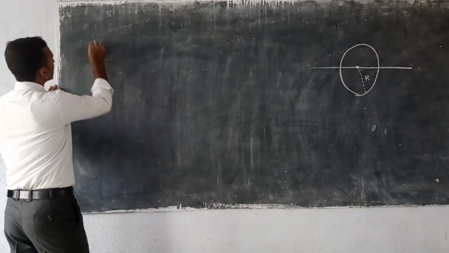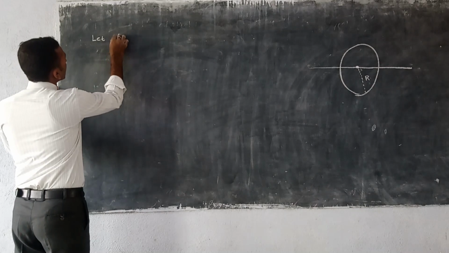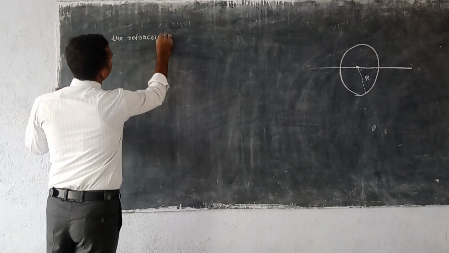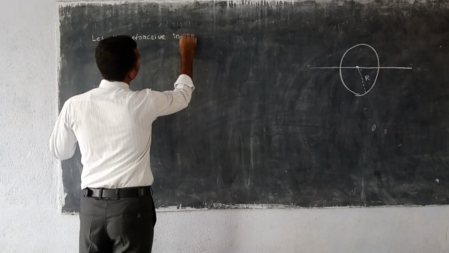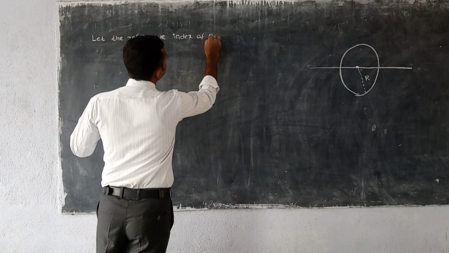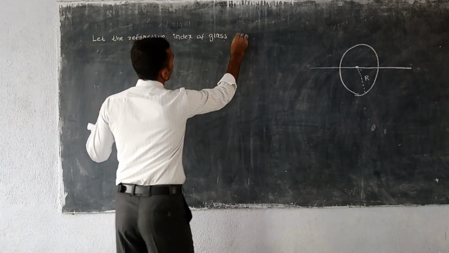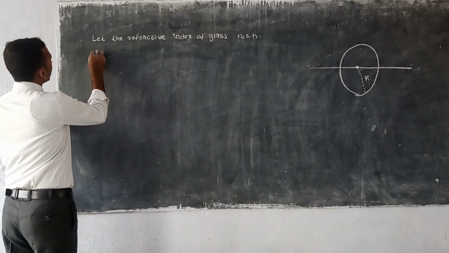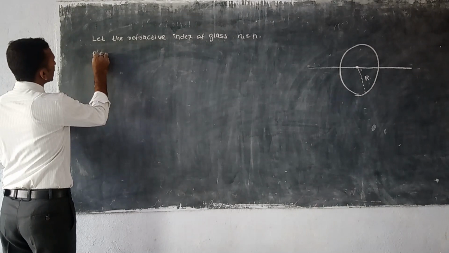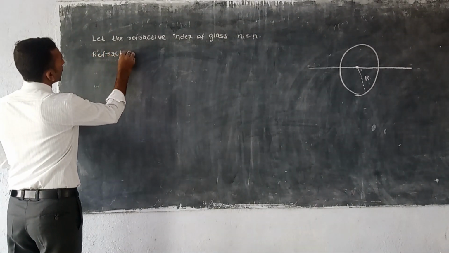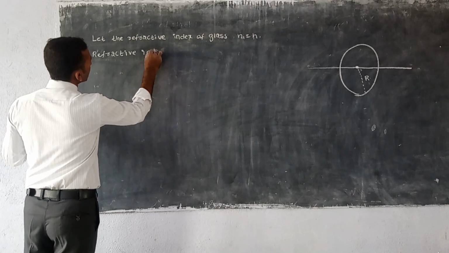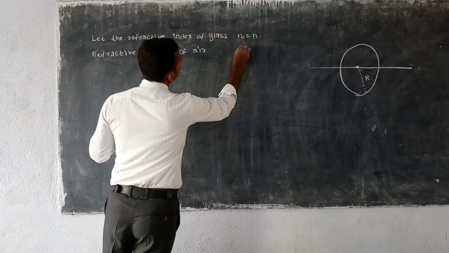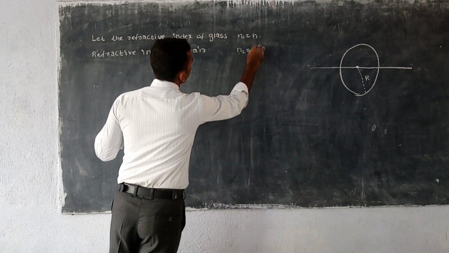Let the refractive index of glass n1 equal n, and the refractive index of air n2 equals 1.